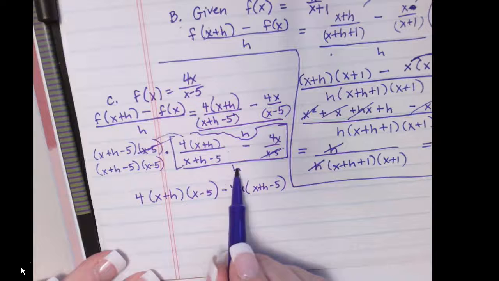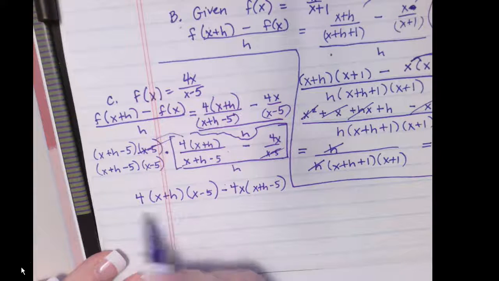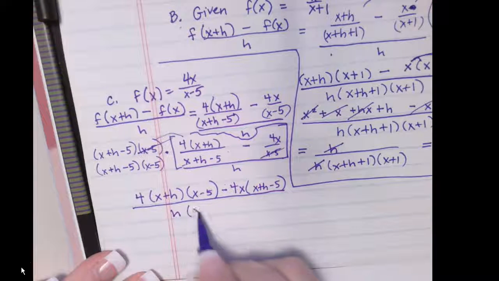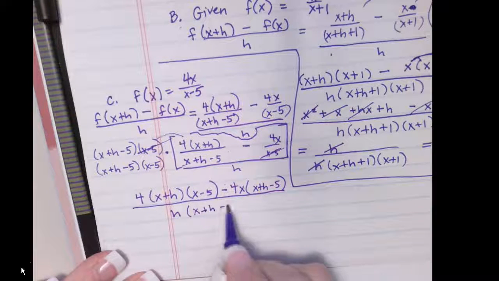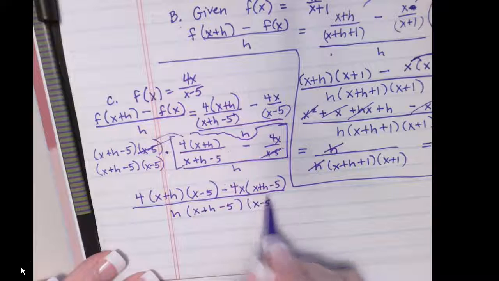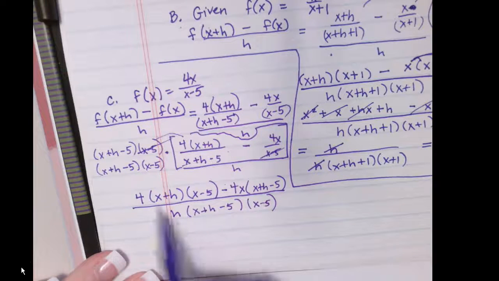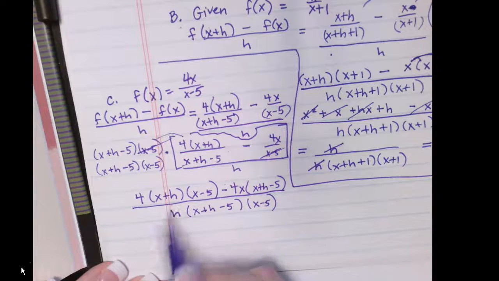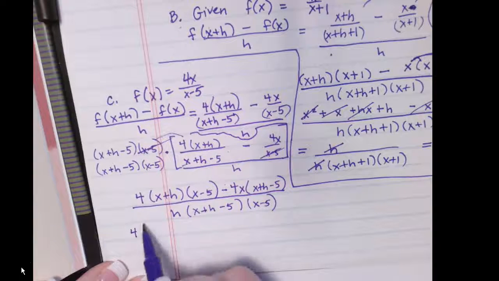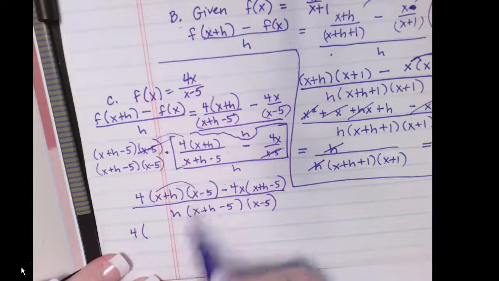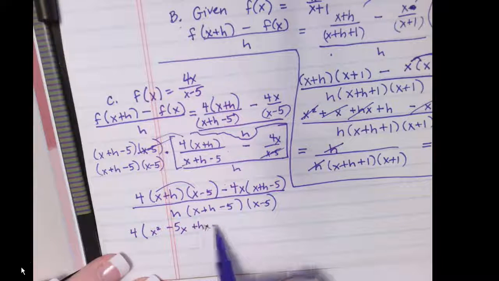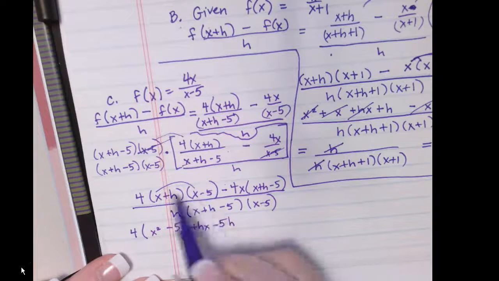And then in the denominator we have h times everything that we multiplied through by. So up top I'm going to double distribute and bring everything down. So I'm going to do 4 times x squared minus 5x plus hx minus 5h.